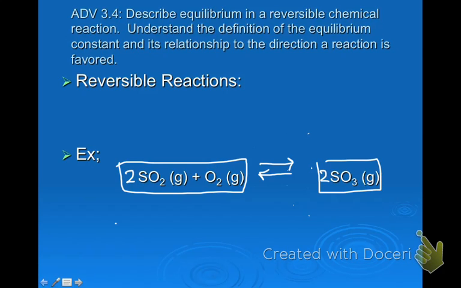So for every one time that you have SO2 and O2 combining to make SO3, you're going to have SO3 going backwards to make reactants. So what that's going to look like is that no change is taking place. So it will seem like the reaction is ending, but it's not. It's not truly ending. All that's happening is that the forward and backward reactions are happening at the same time. So a reaction that happens both in the forward and the reverse direction simultaneously is known as a reversible reaction.